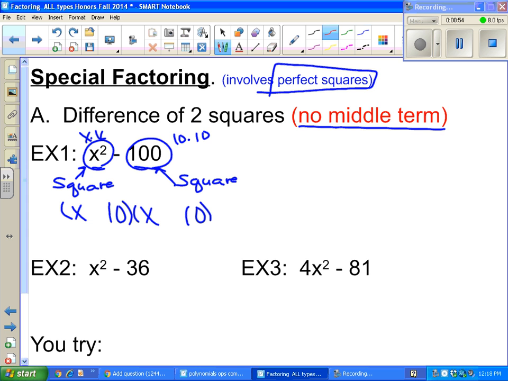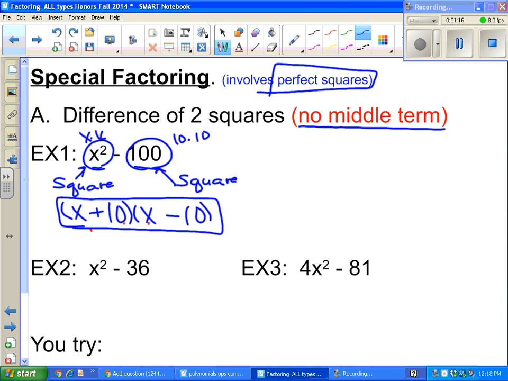I need to think about what my signs need to be such that when I check this and I have 10x, and the other one's also 10x, they're almost identical, except I need one to be minus and one to be plus. If one's minus and one's plus, then I'm going to end up with 0 x's, and 0 x's gives me no middle term.